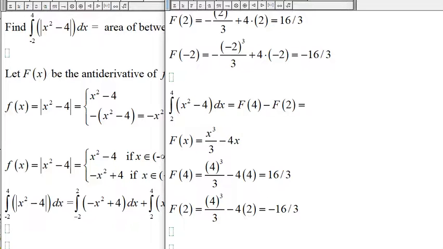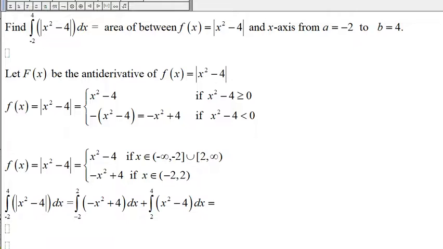And so this right here will be 16 thirds minus negative 16 thirds, and this will also be 32 thirds. And so the area of the second region is also 32 thirds.